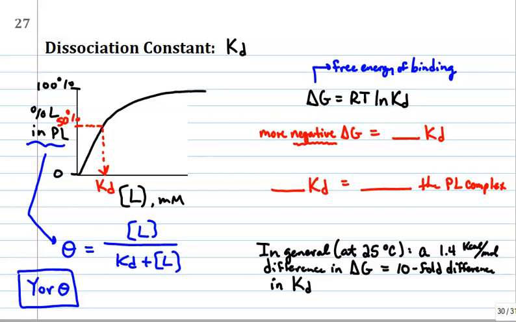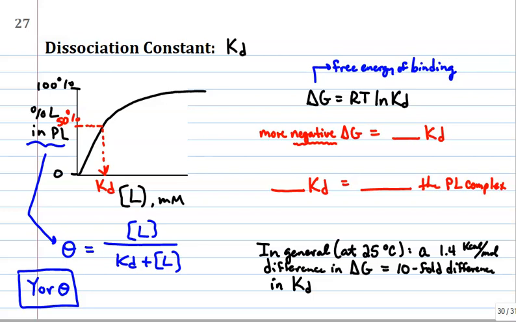All right, so one other important thing before we wrap this up is, how does the binding constant relate to the free energy of binding? Or how are we going to do a thermodynamic analysis to determine what will make a protein ligand complex tighter or looser, high affinity or low affinity?